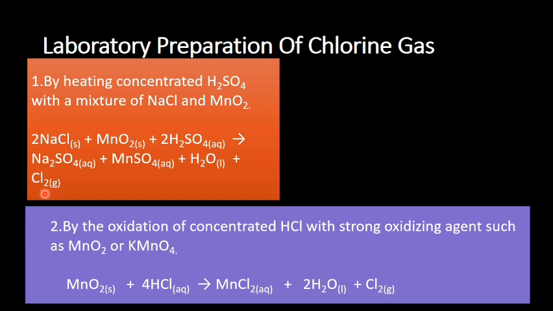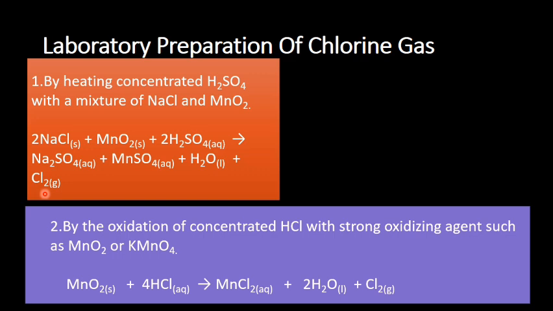Now we have the method by the oxidation of concentrated HCl with strong oxidizing agents, such as manganese(IV) oxide and KMnO4, which is potassium permanganate.